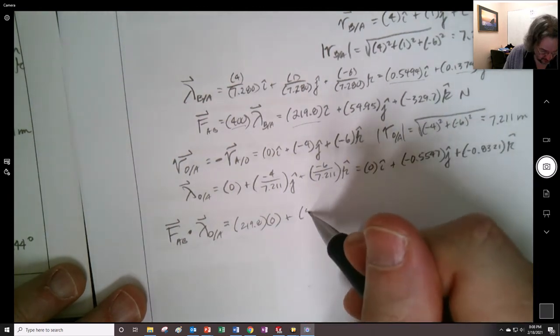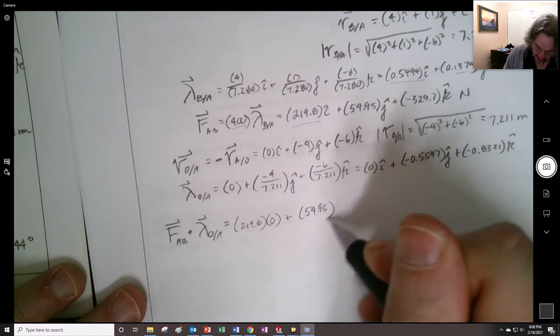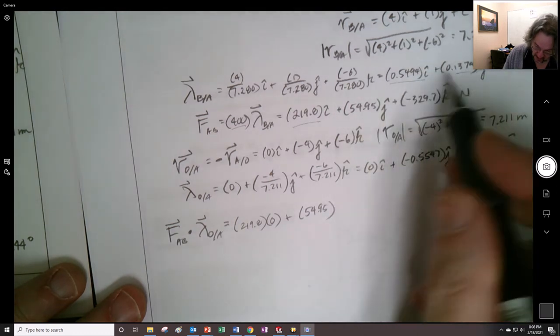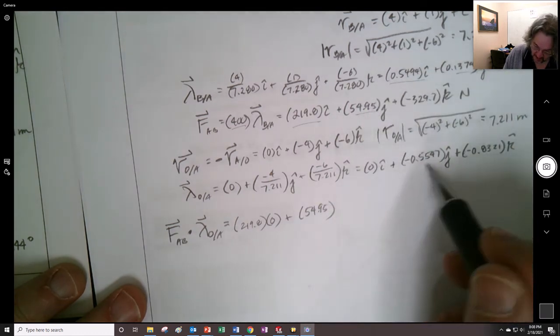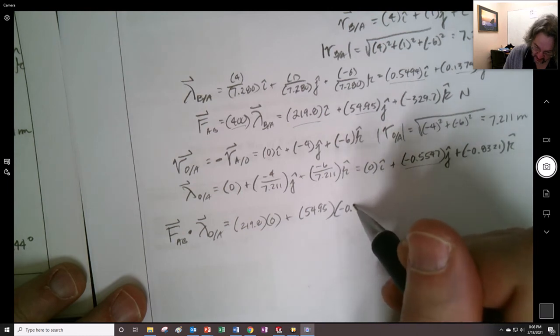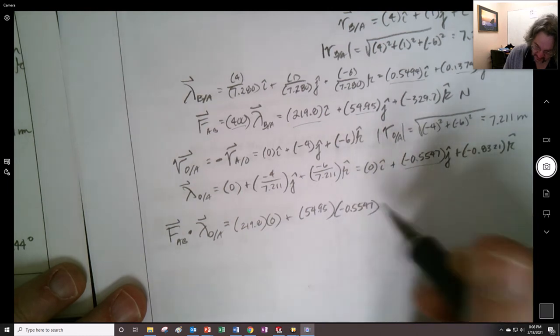Then we have 54.95 right here, against this negative 0.5547.